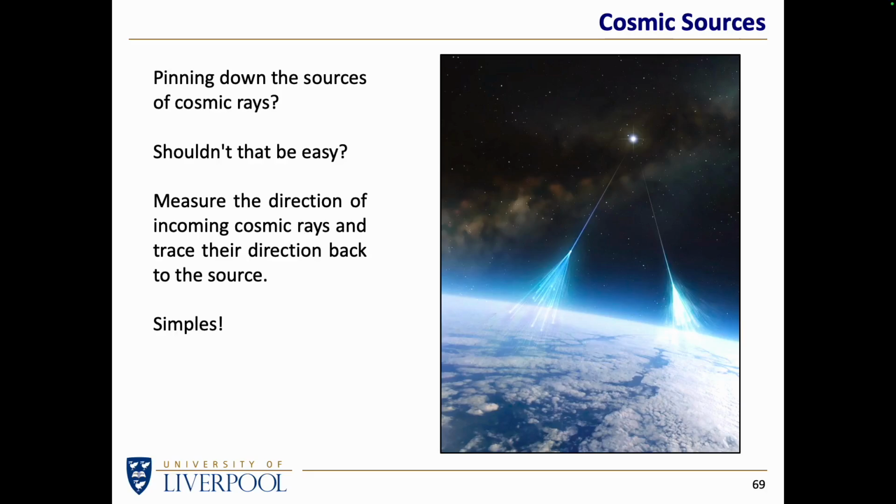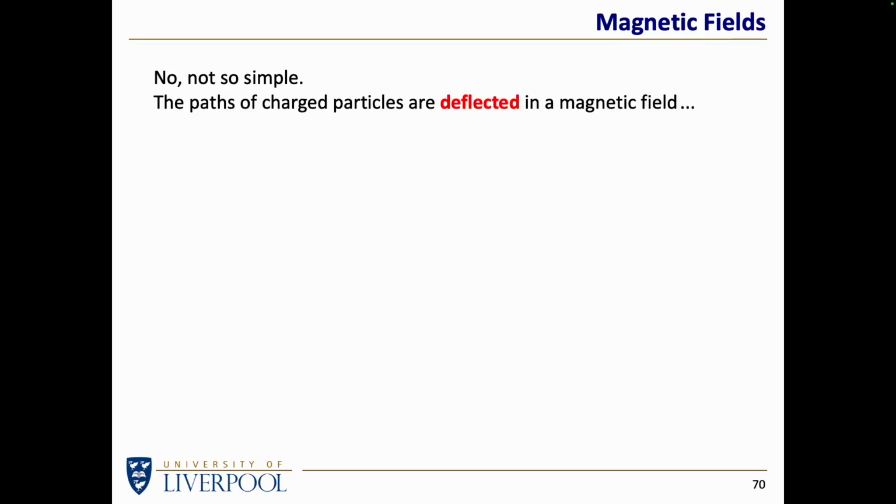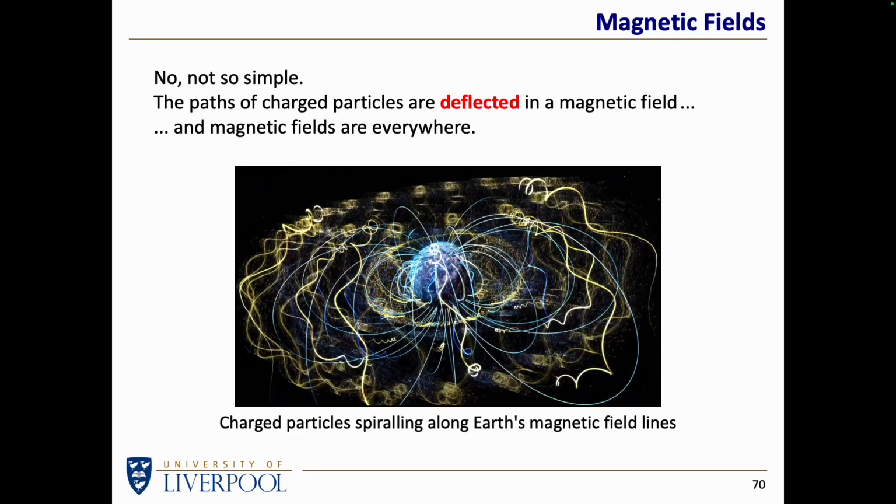It should in principle be simple, but it's complicated by the fact that, unfortunately, charged particles can be affected by magnetic fields. And magnetic fields are pretty much everywhere. So we know, for instance, the Earth is surrounded by a magnetic field, and the relatively low energy stuff from the sun, particles, get trapped in the Earth's magnetic field and funneled towards the north and south poles where we see the aurora.